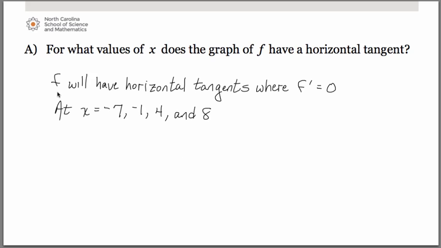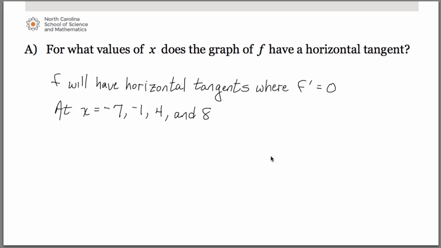Be very specific about which graph will have the horizontal tangents. Don't simply say "it." I like to say it is a 2-letter word we don't use. Specifically say it is the function f that will have the horizontal tangents, and notice how you state why you know that, or where that occurs on the derivative graph.